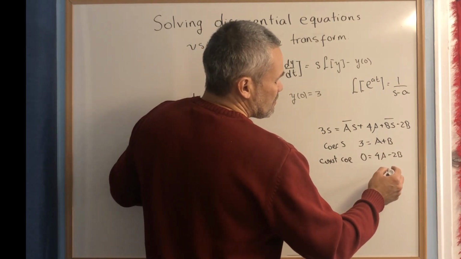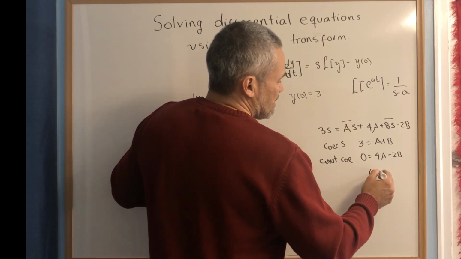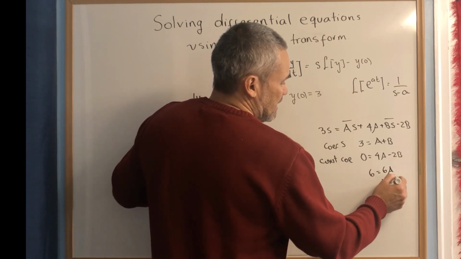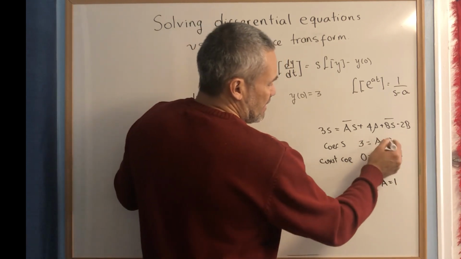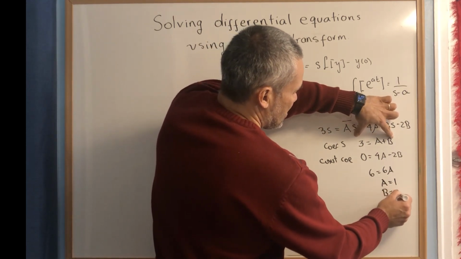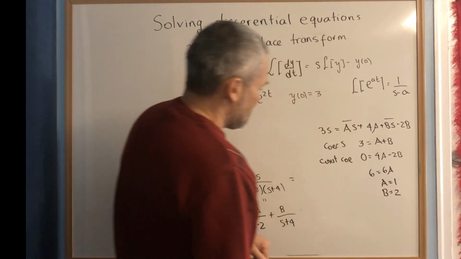When we multiply by 2 and add, what do we get? We get 6 equal to 6a, and that means that a is equal to 1. And if a is equal to 1, using this equation here, we get that b is equal to 2.